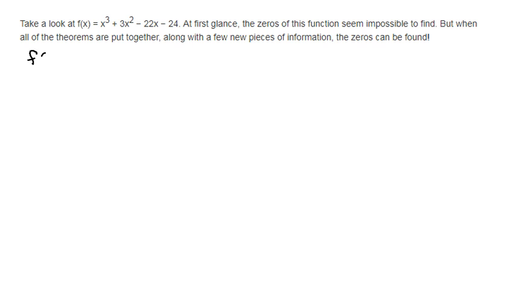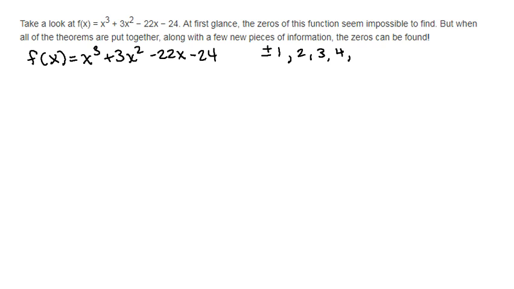So we're doing f of x equals x cubed plus 3x squared minus 22x minus 24, and I knew my numbers were plus or minus 1, 2, 3, 4, 6, 8, 12, and 24.